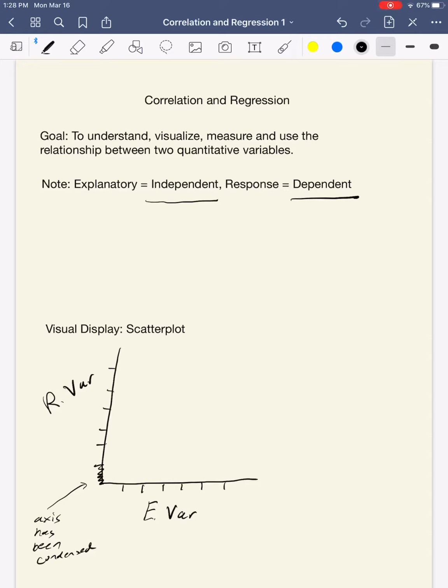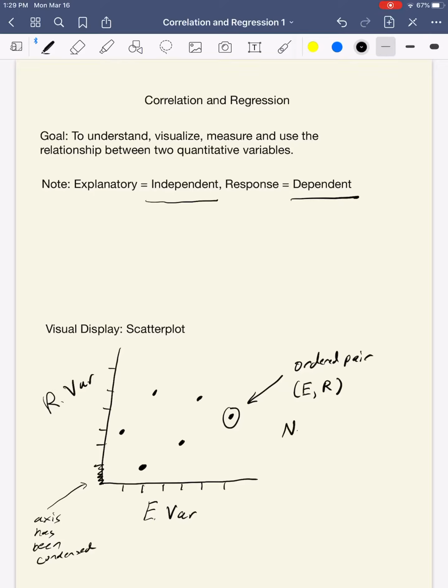Then, once you have your display ready, the actual scatter plot itself is going to be, as its name implies, a scatter of different points. So you'll have points that show up on this scatter plot. Maybe we'll just plot a few random ones. So you'll get a scattering of these data points. And each of these data points is an ordered pair, the explanatory variable, comma, the response variable.